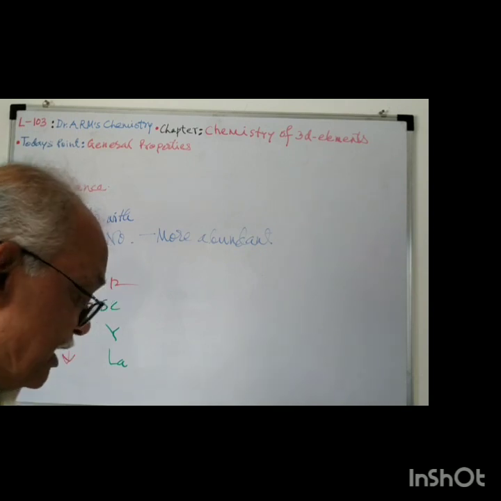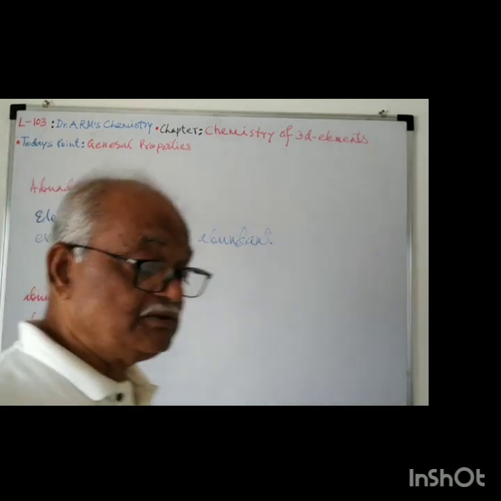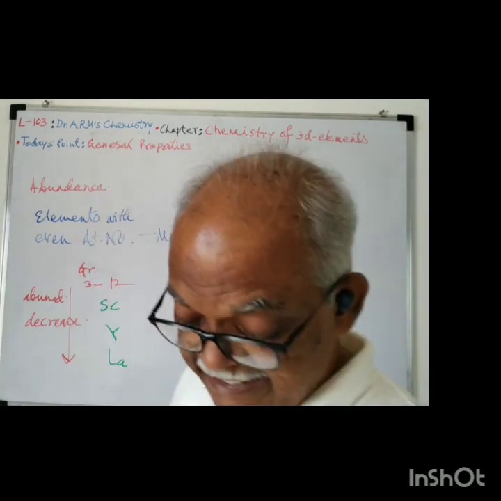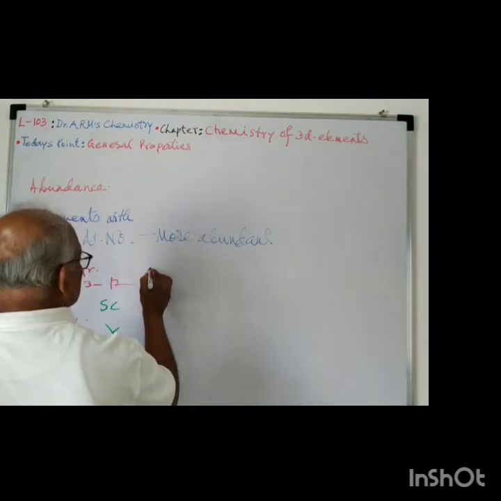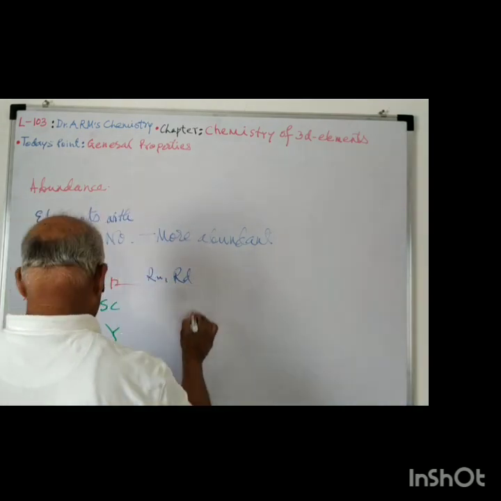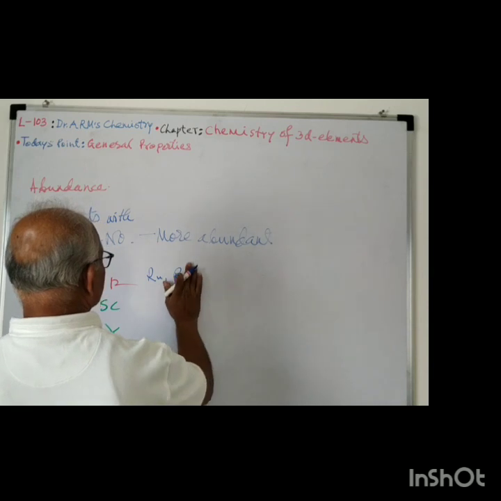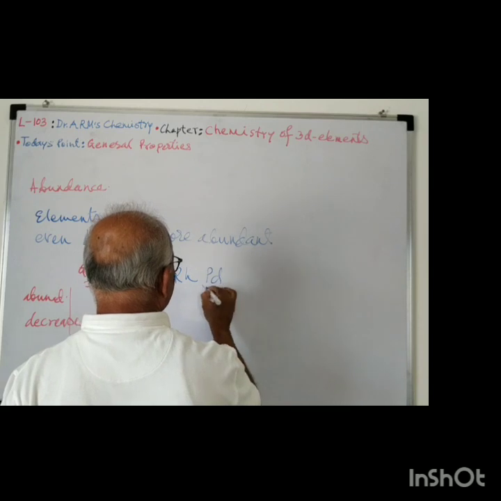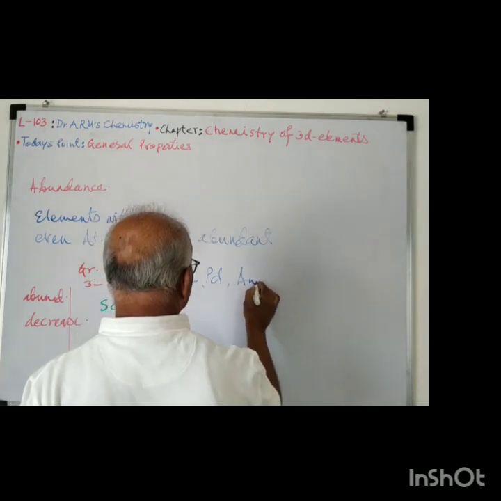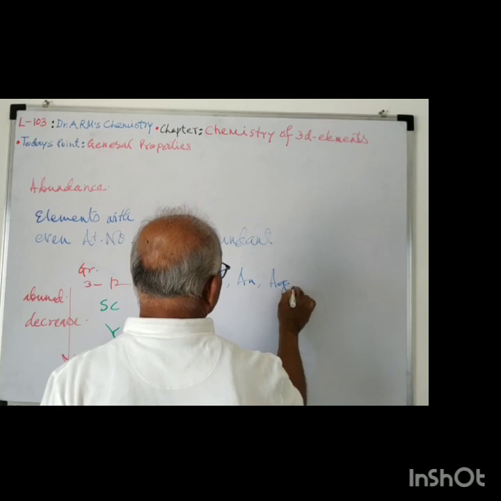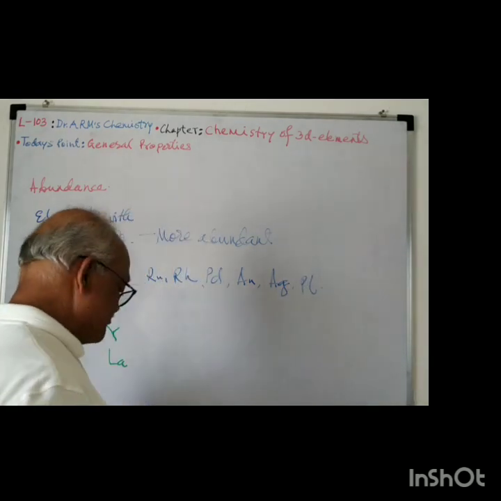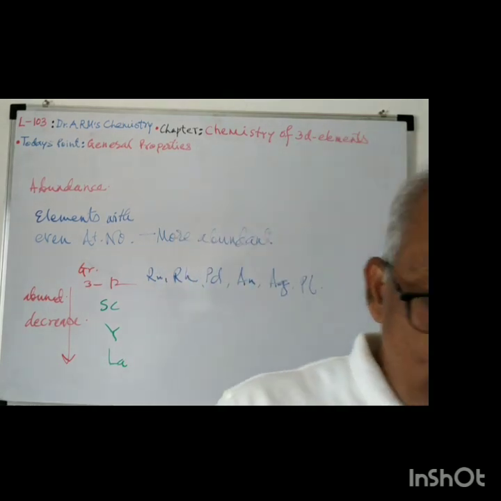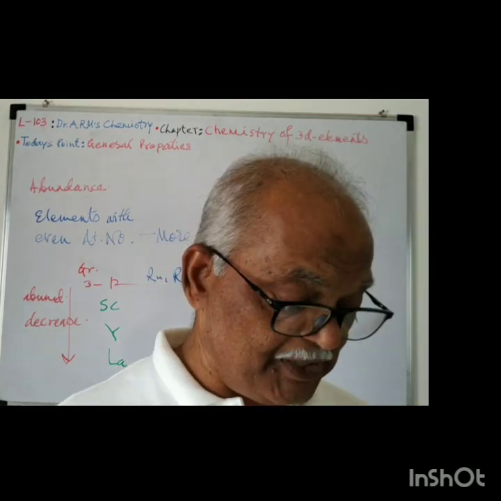Then it is found that elements such as ruthenium, rhodium, palladium, silver, gold, platinum, etc. are very rare elements.